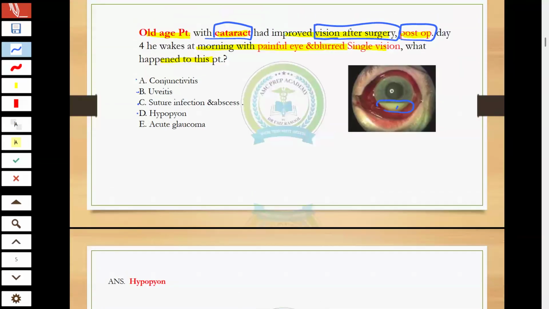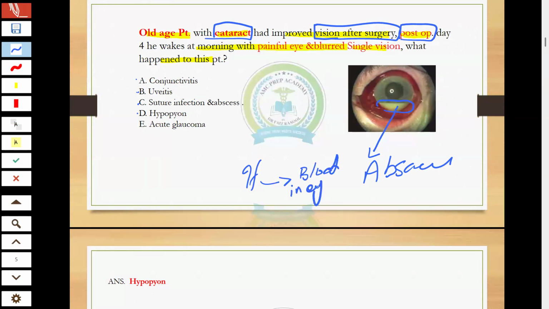Hypopyon, if there is abscess formation. But if there is blood in the eye, that's what we call hyphema. If there is accumulation of pus in the anterior chamber, we call it hypopyon. If there is bleeding in the eye, we call it hyphema.